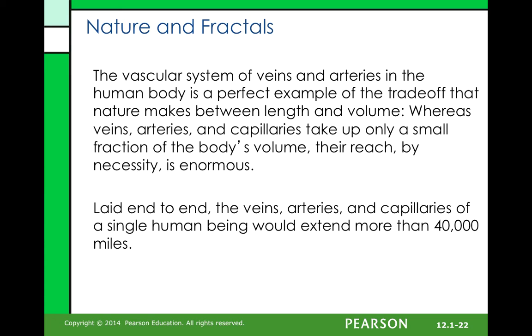Laid end to end, the veins, arteries, and capillaries of a single human being would extend more than 40,000 miles. Okay? So in other words, there's a shape of things inside your body whose perimeter, in quotes, is 40,000 miles. But of course, the overall area or volume that the system takes up in your body is pretty small.